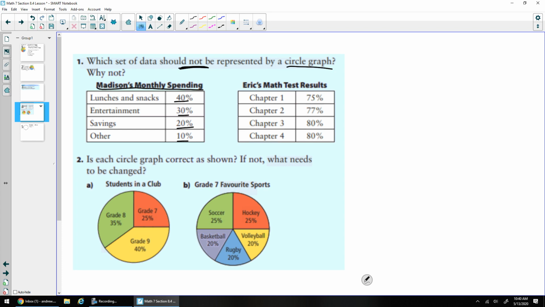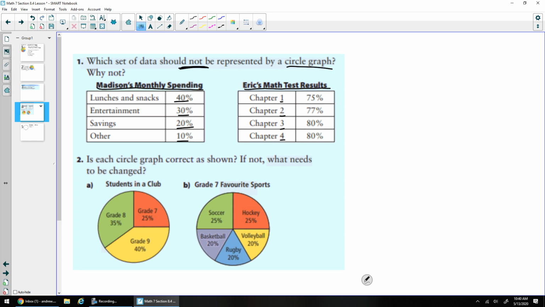What about the second one? Eric's math test results. Well, we're looking at a bunch of different chapters here, chapters 1, 2, 3, and 4. And so we're not really comparing it to a total. We're just comparing different tests. There's no whole amount here, right? Madison's monthly spending was the total amount she spends in a month. This doesn't show his total amount of tests or his total percentage in his class and where those percentages came from.